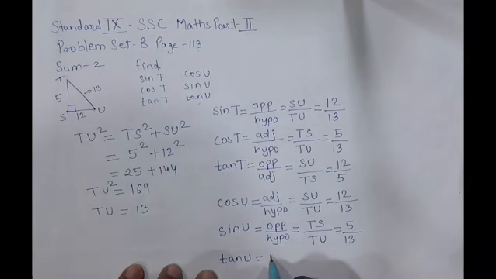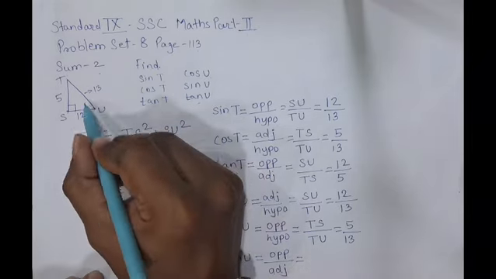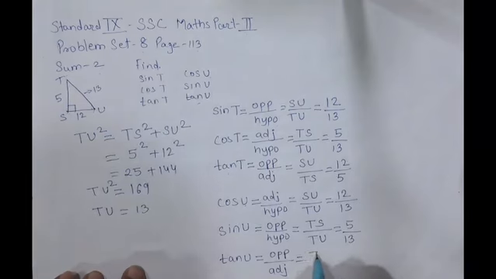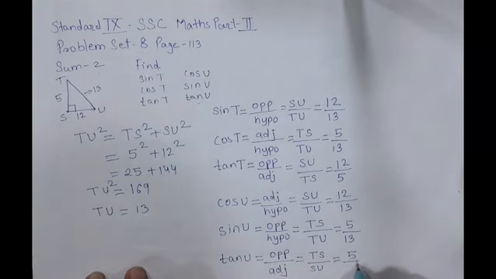By definition, tan is opposite upon adjacent. The opposite side with respect to u is PS and the adjacent side with respect to u is SU. So PS is 5 and SU is 12, so tan u is 5 upon 12.